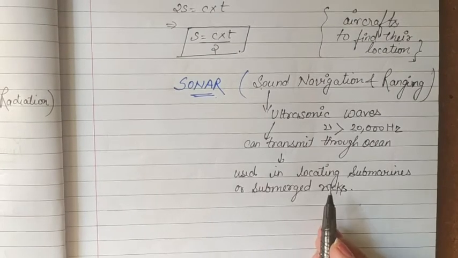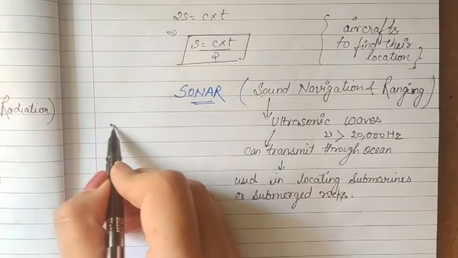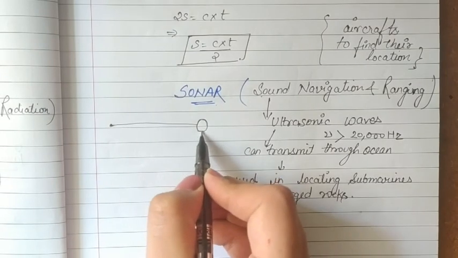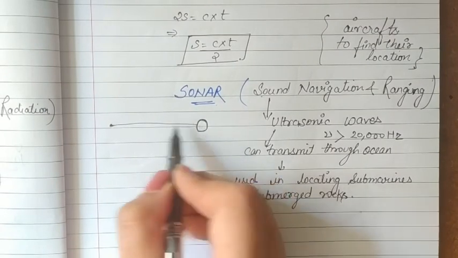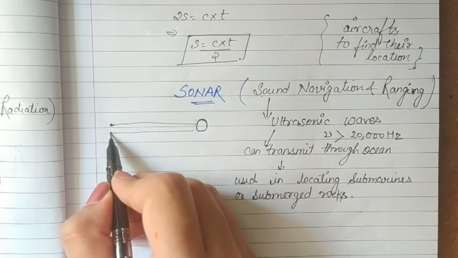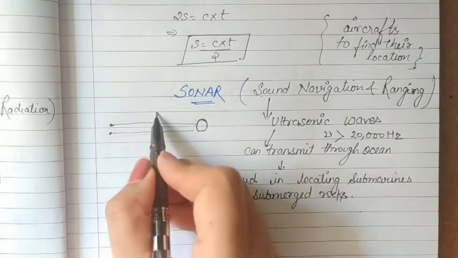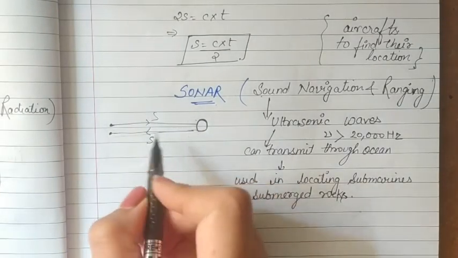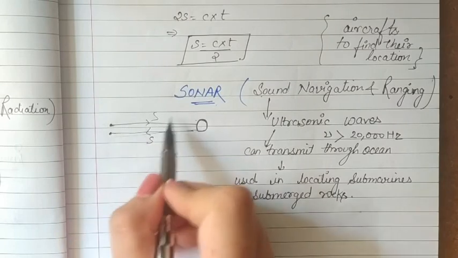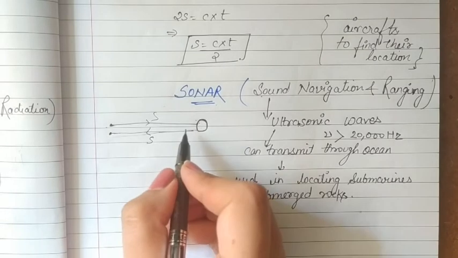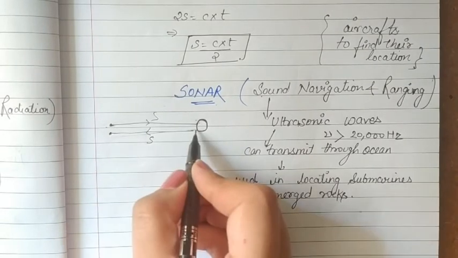The process is similar. We transmit these waves to a particular rock where these waves hit and come back to the observation point. The distance traveled is actually twice the distance required. All right, one to reach the observation point and another to come back.